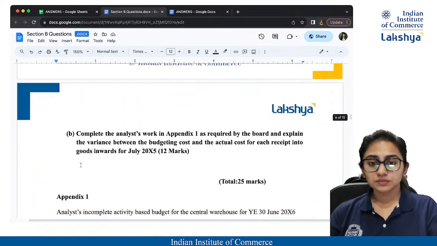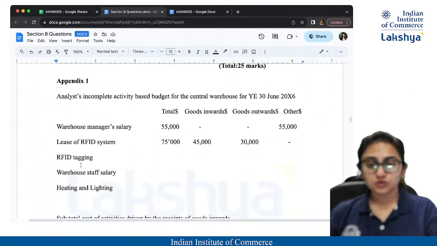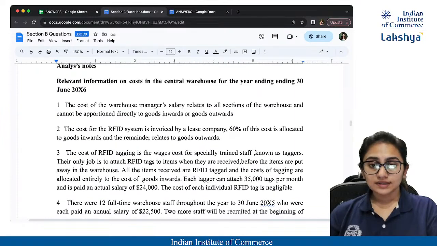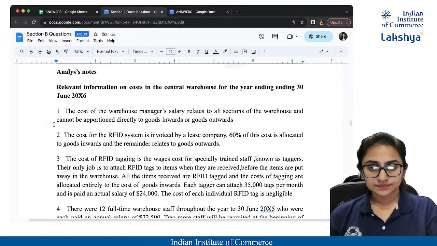Now concentrate on the B part of the requirement, for which you have to go through Appendix 1 and the analysis notes.